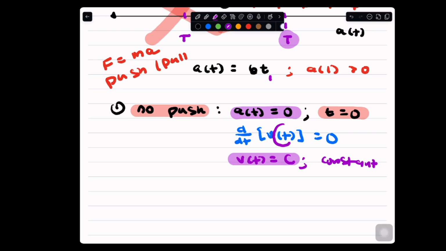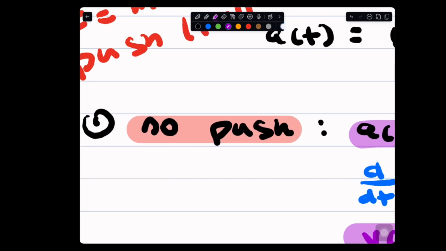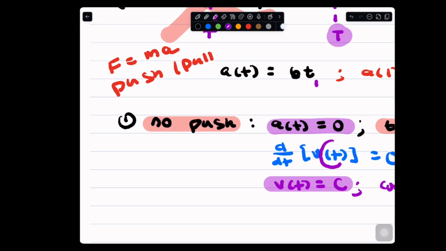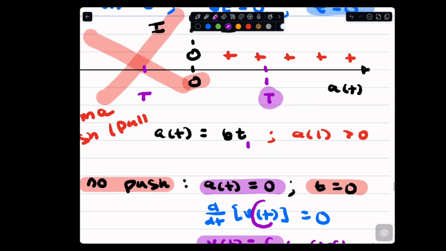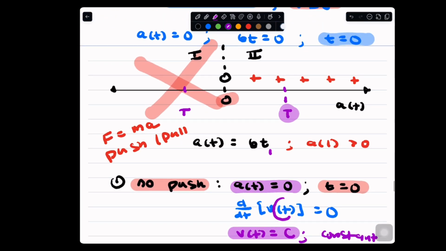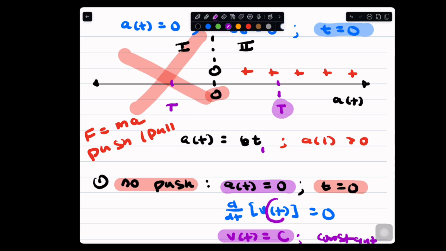When you drive home tonight, think about this. You're looking at the mathematics behind it. So when that speedometer stops and velocity is constant, you stop feeling that push or pull. And that's what they're talking about. There's no push or pull. I just say push when velocity is constant or when acceleration is 0. And that happens at time t is 0. That's what that means. Just to kind of let you guys know.